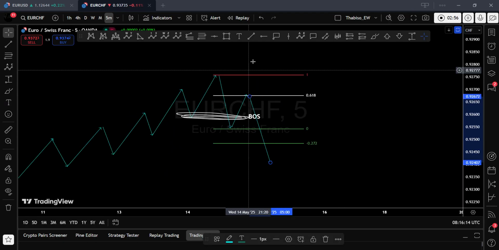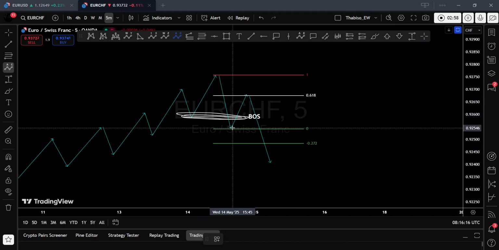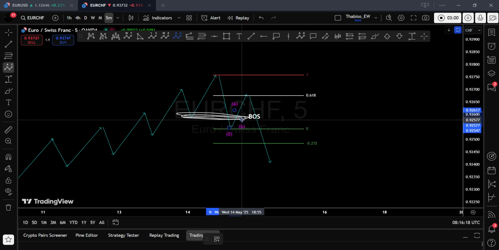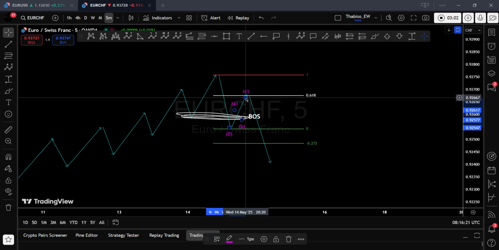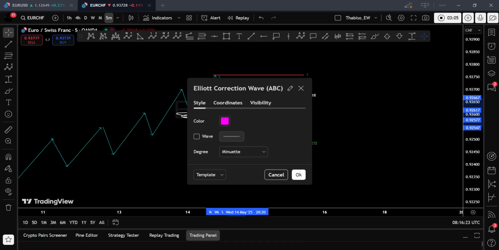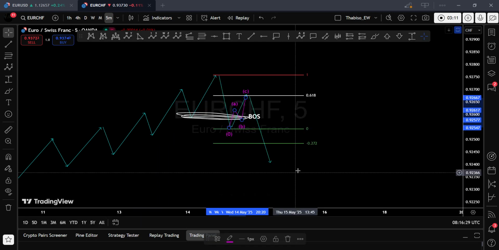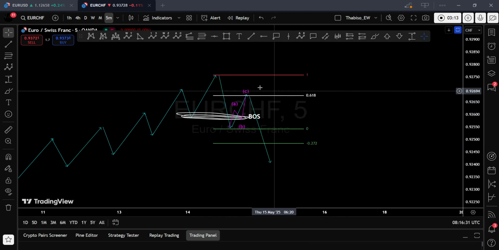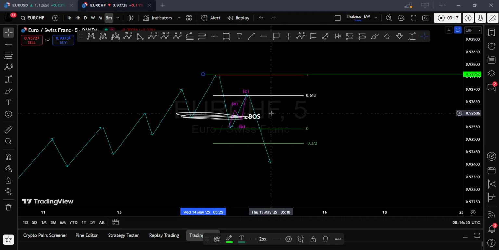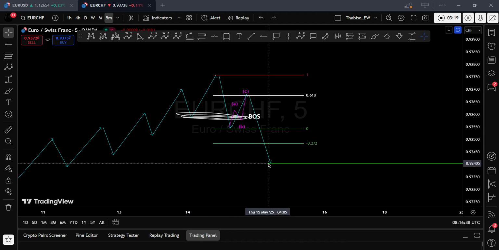Usually within this leg that is going up, it comes in three waves, meaning there will be an ABC. When it gets to 61.8, we would put our stop loss here, and we would trade this move going down.